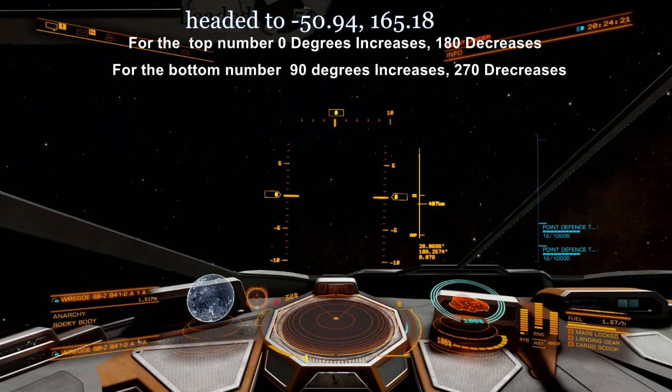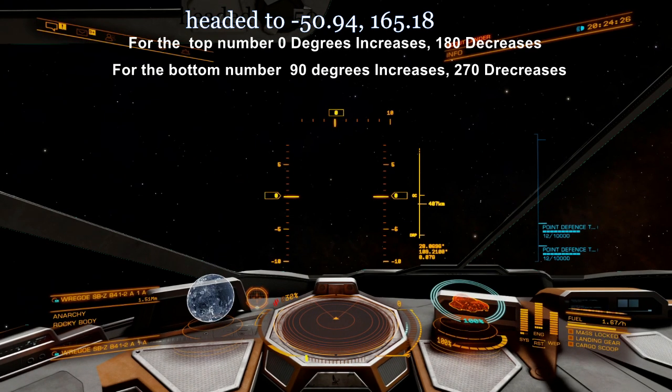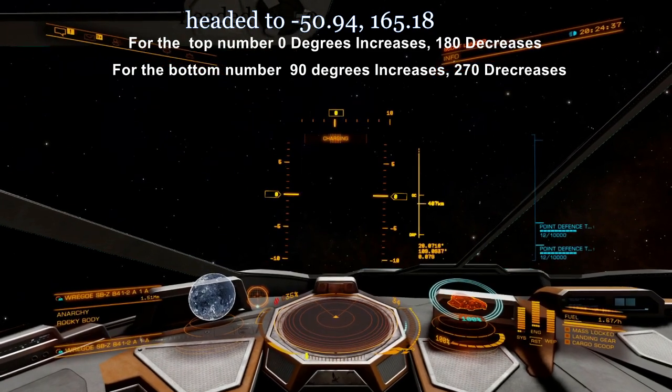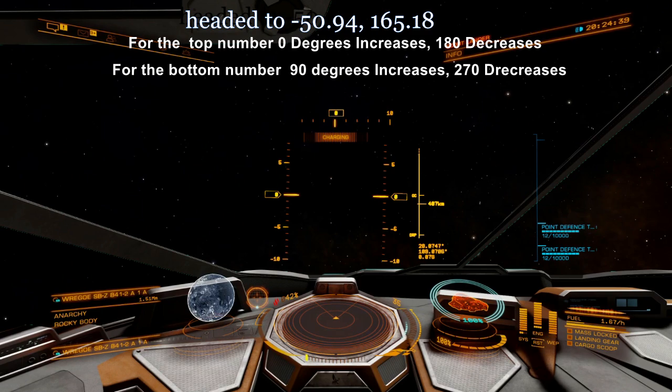And that's going to get us into the ballpark, and then we'll work on our bottom number. So let me just show you this. If we jump back up into frameshift drive charging, we will stay in orbital cruise. Ready to engage.